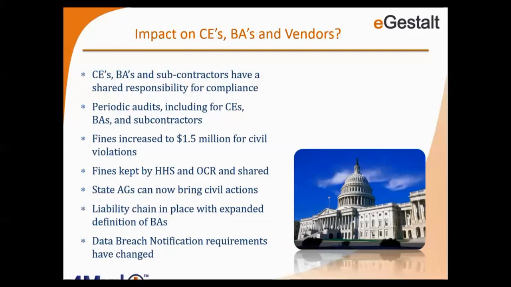I talked about audits being done, and this audit could be done by the HHS, the Office of Civil Rights, which is an agency under HHS, or it could be done by state attorneys general, who are now empowered by the law to bring civil actions on behalf of the government. So it's basically part of the enforcement policy and the guideline that HIPAA Omnibus provides. I talked about the increased fines, which have now gone up to 1.5 million for civil violation.